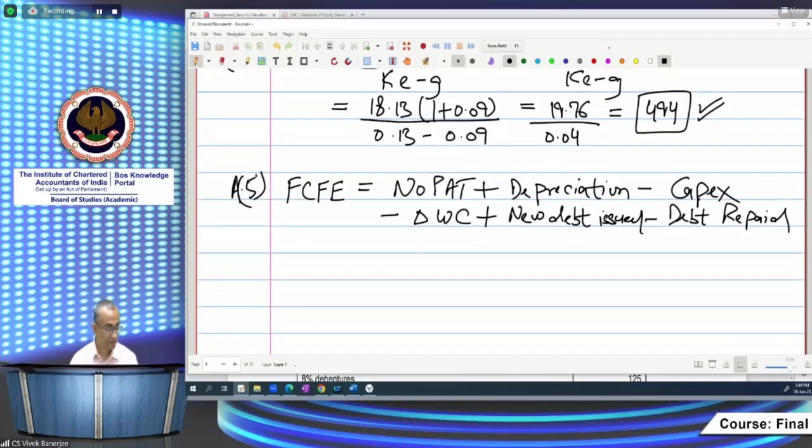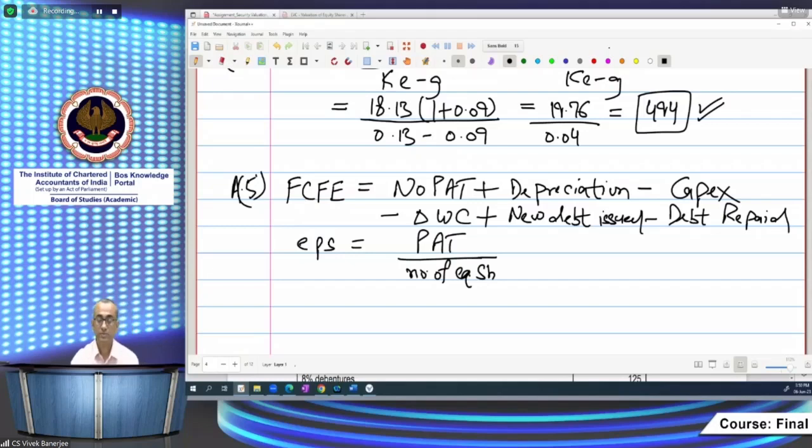Now as I have said, all the figures in the question, capital expenditure, depreciation, change in working capital, are given on per share basis. And here in this question, the profit of the company is given. So we have to calculate the profit per share or earning per share. So earning per share or EPS is equal to profit after tax divided by number of equity shares.